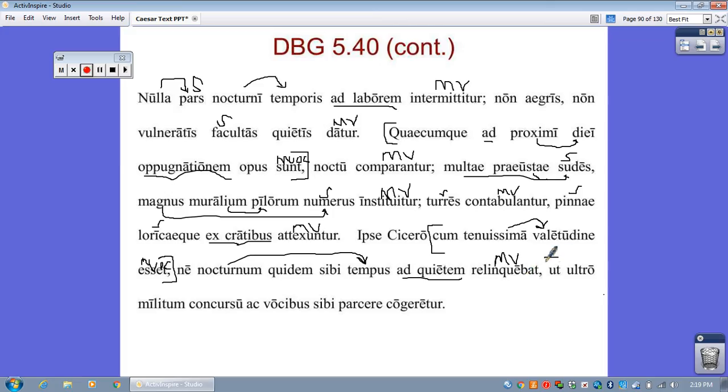And then we've got some sort of clause here as evidenced by ut. Main verb of the clause would be cogeretur. All right. And then inside this clause I see parcere, which is an infinitive. And now let's just try and piece it all together. So we have Cicero himself. Cum, we know, usually means when. So we'll try translating as when. We might play with that in just a second.